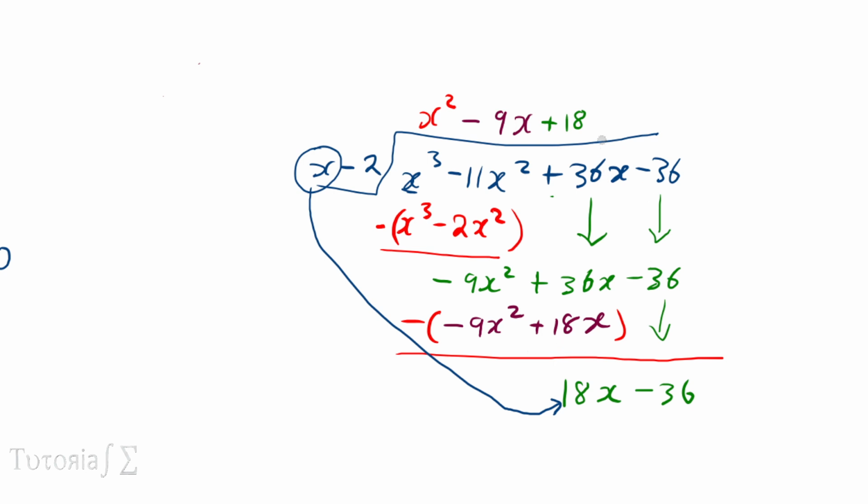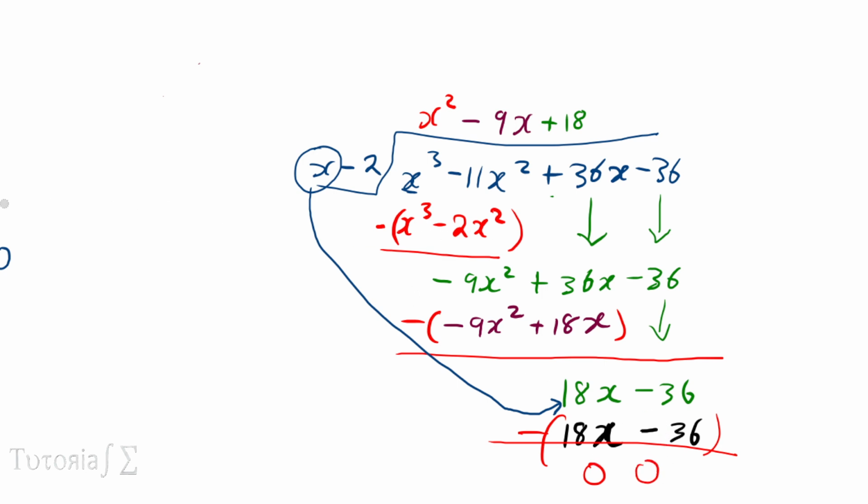Then you say positive 18 times x is positive 18x, then again 18 times negative 2 will be negative 36. Then again you do the same thing, we say minus. It will give us 0.